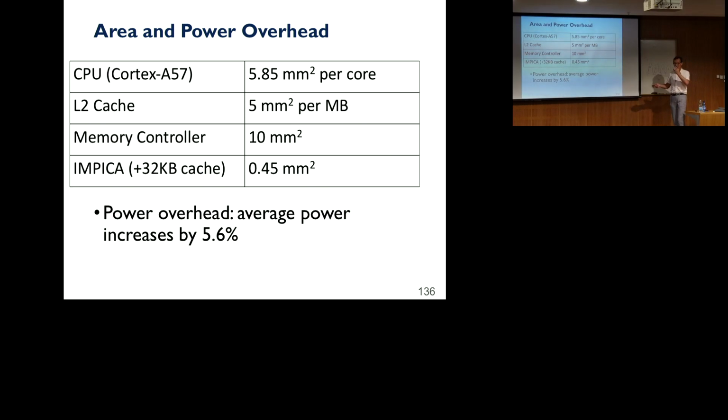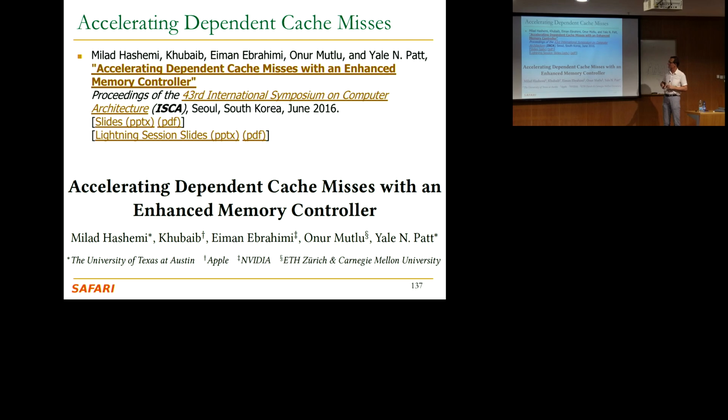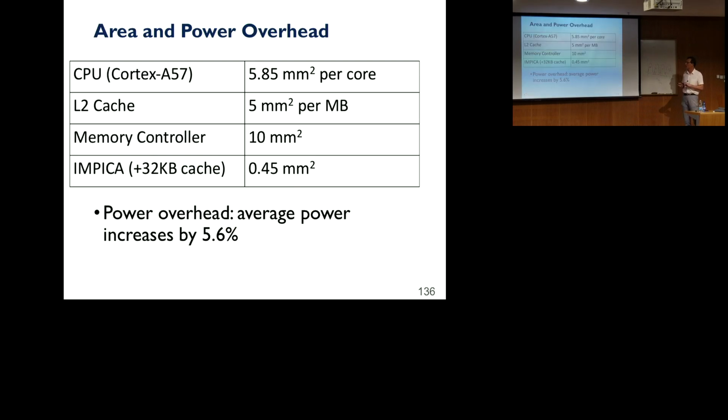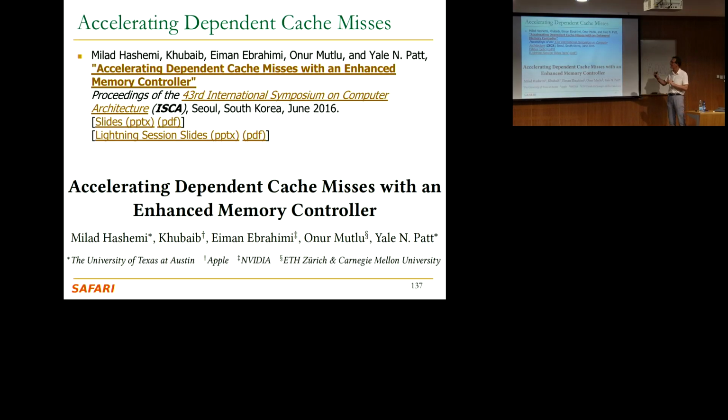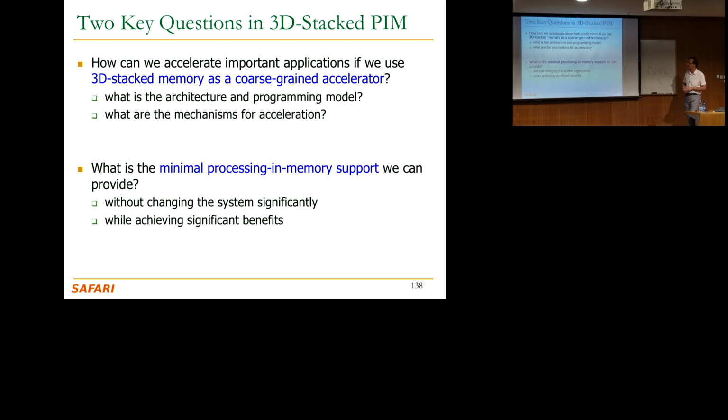So I think somebody asked about power. Basically, average power actually increases whenever you add some processing. And in this case, we found out it's about 6% of the entire system power. Okay, so we've also been looking at accelerating dependent cache misses without changing the model, basically offloading these dependent cache misses automatically. If you're interested, we can talk about that.